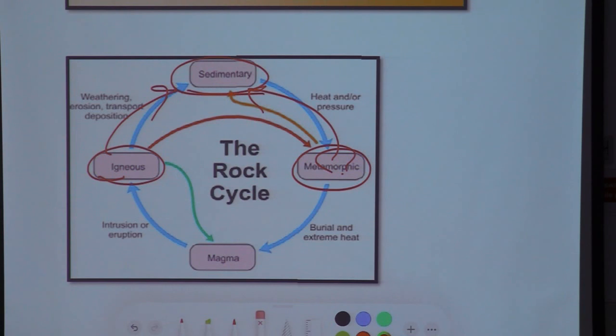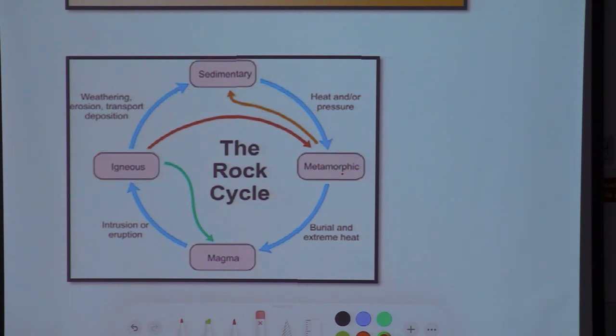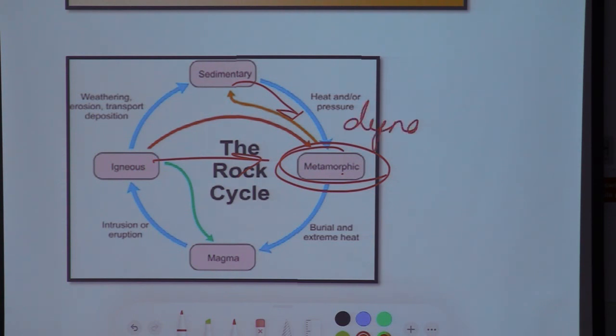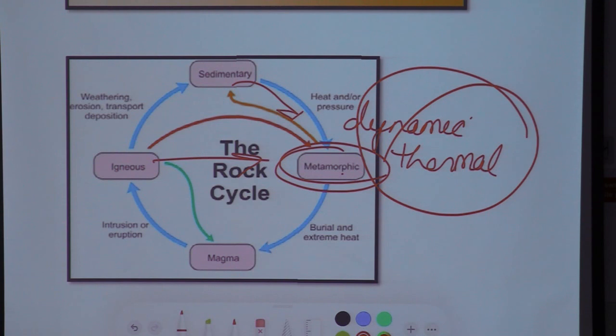And in similar sequence, whether it is igneous rock or sedimentary rock that is subjected to dynamic or thermal metamorphism, it will result in the development of metamorphic rock.